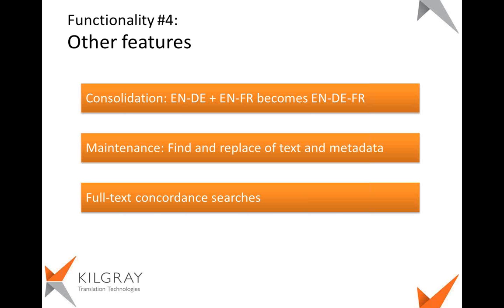Then we have implemented maintenance. You can find and replace metadata, find text. There is full text searching in the TM repository, despite the fact that the TM repository is not intended to do matching in the way the translation memory systems do. So it won't give you exact matches or fuzzy matches or anything. This is not the intended purpose of the TM repository.